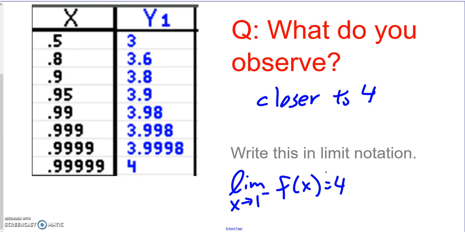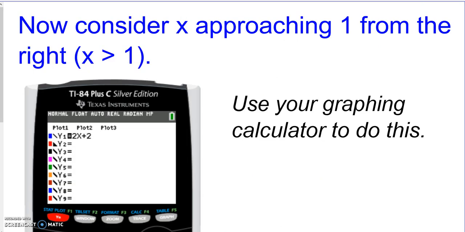Okay, so now let's switch over and take a look from the right hand side. I would like you to pause, take a look at your calculator, plug it in. Pause the video if you need to find your calculator, plug that in and look at your table. Then write down some observations as you see it approaching from the right hand side.